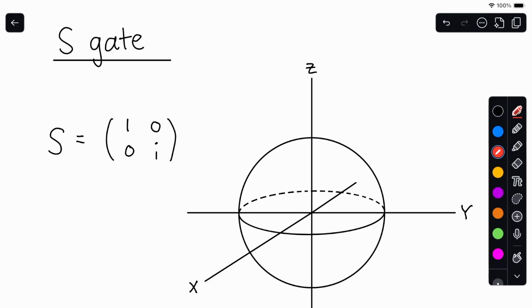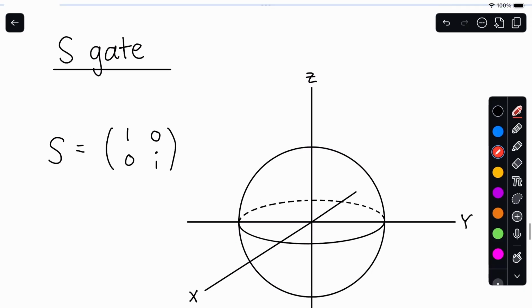The last two gates I want to talk about are the S gate and the T gate. The S gate, which looks like this, is a 1/4 rotation around the z-axis, so 90 degrees. So for instance, if we start in the plus state, we will rotate 90 degrees and end up in the plus i state.